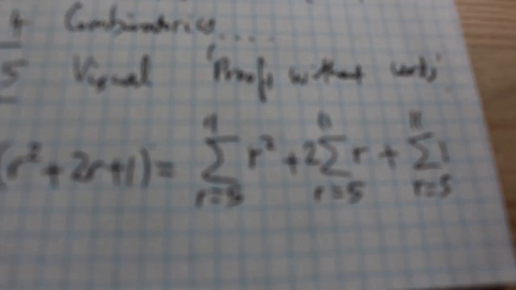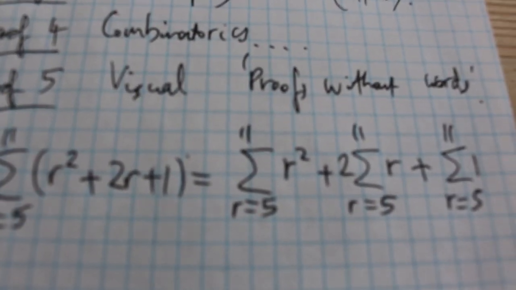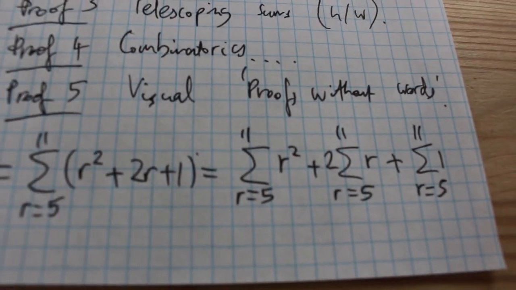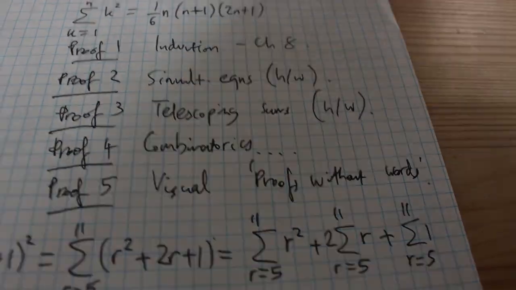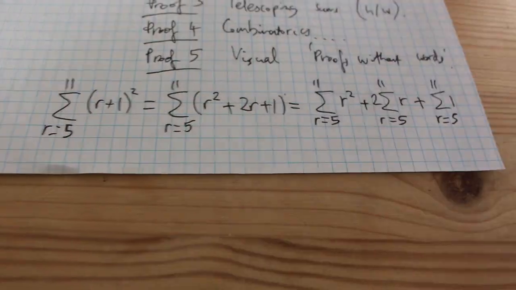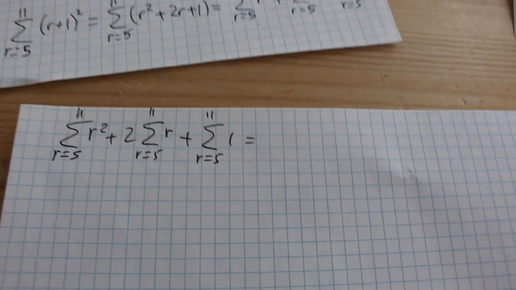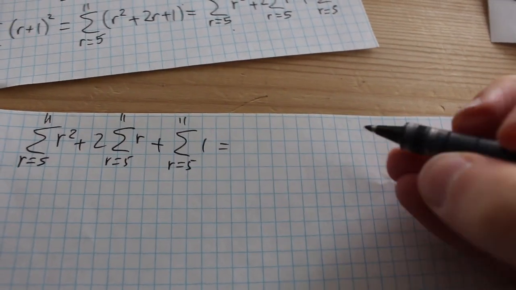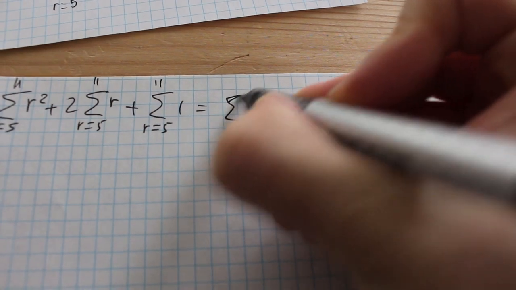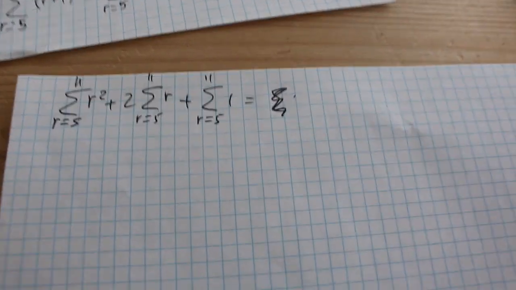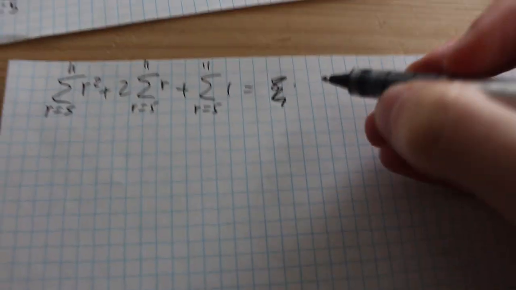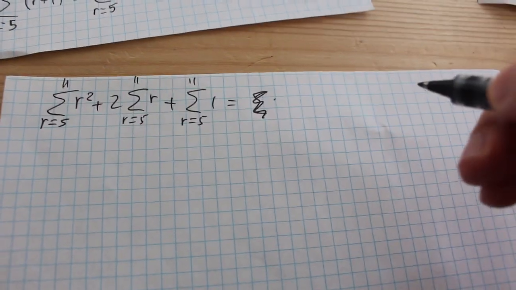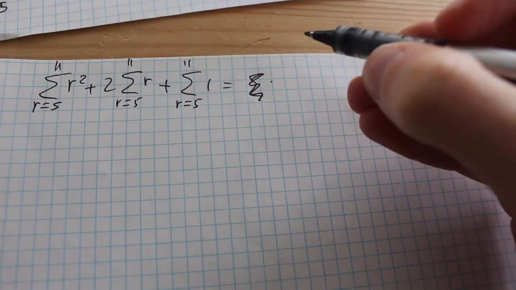So we're now going to use the formula we just wrote down for the sum of r squared. To work out the sum of r squared, first of all, because it's from 5 to 11, we can do the sum up to 11 and then take away the sum of the first 4 terms.